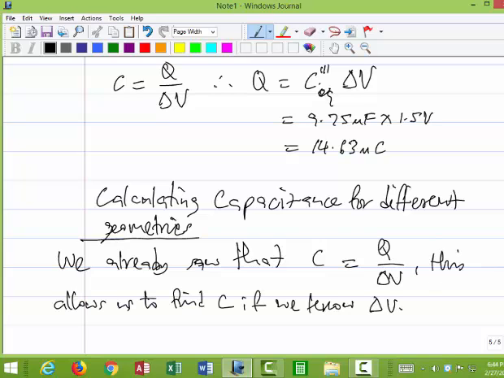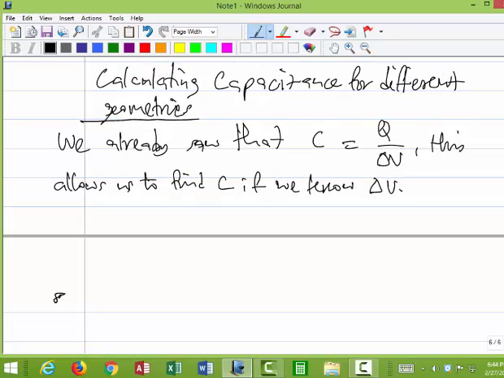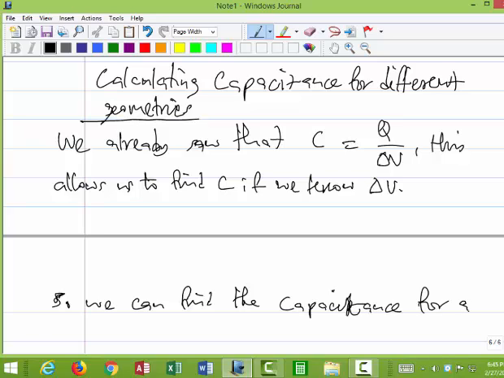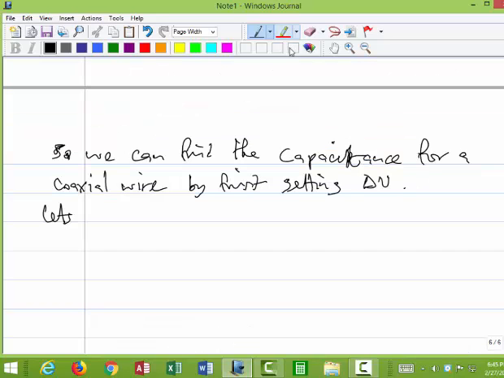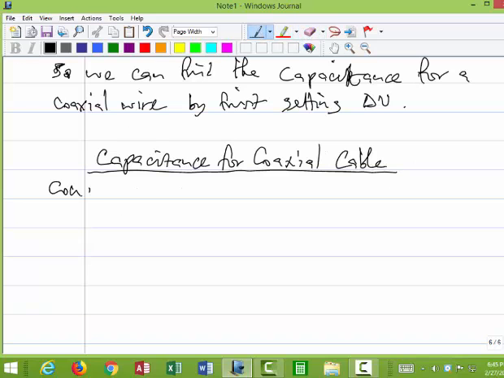So for example, we can find the capacitance for a coaxial wire by first getting delta V. So let's do it this way. Let's say capacitance for coaxial wire. So let's consider a coaxial cable shown below.